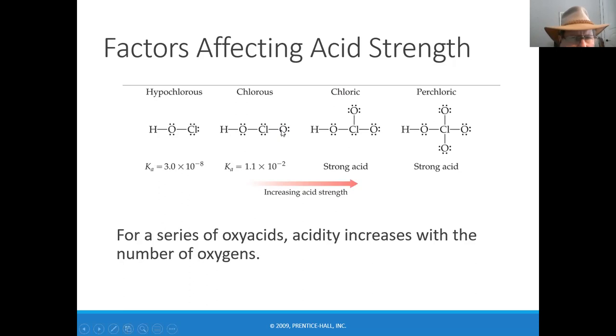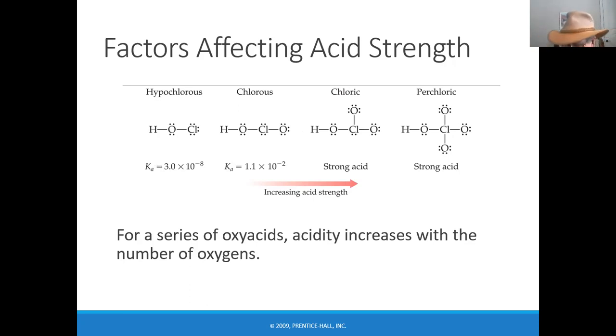The one with two. If it's pulling more negative charge away from the oxygen, that means the attachment is weaker. Because that attachment is weaker, the hydrogen can dissociate in water better, so it's a stronger acid. If I put three around it, that's an even stronger acid. You can tell I'm an English major, right? If I put more oxygens around it, it's an even stronger acid.